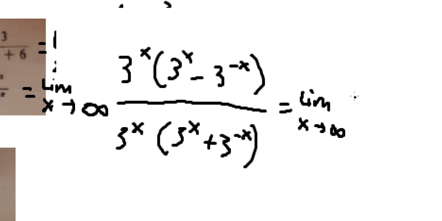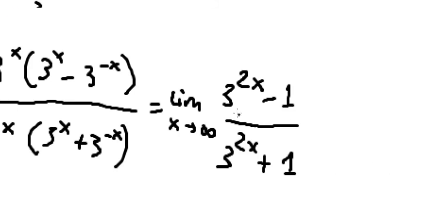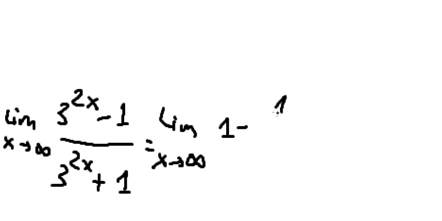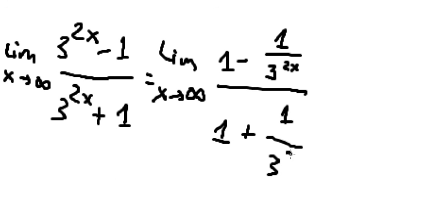Similar for this one in here. Next, we divide by 3 to the power of 2s on the numerator and denominator. So we have 1 minus 1 over 3 to the power of 2s, over 1 plus 1 over 3 to the power of 2s.